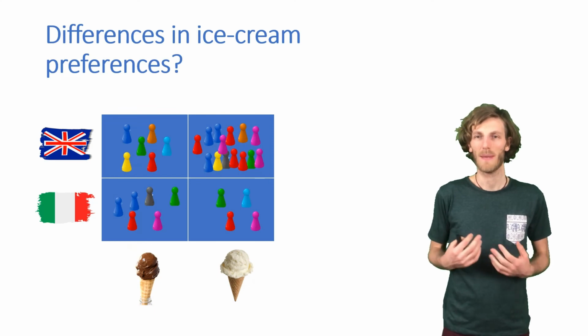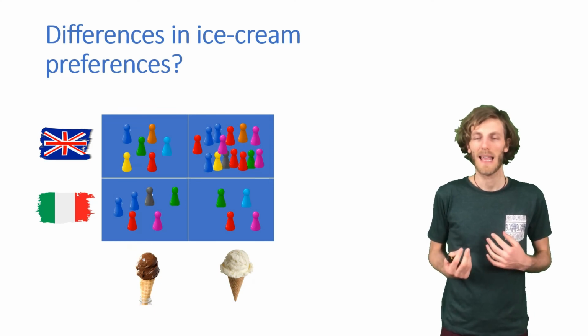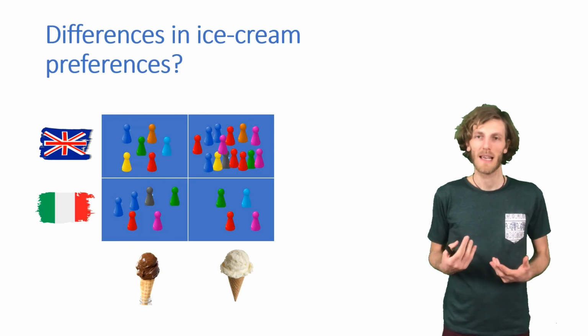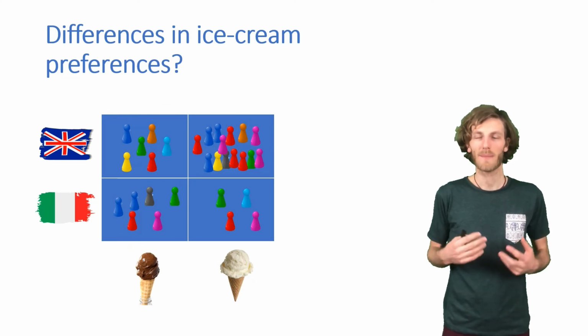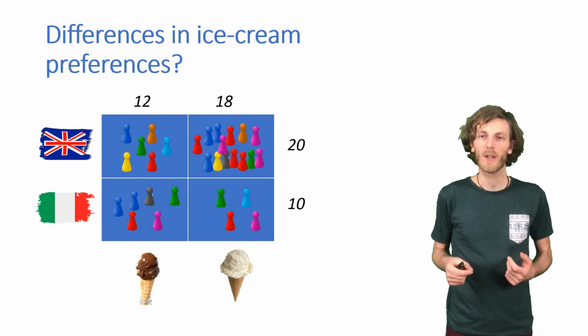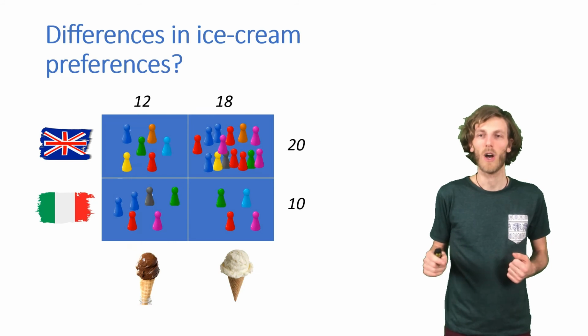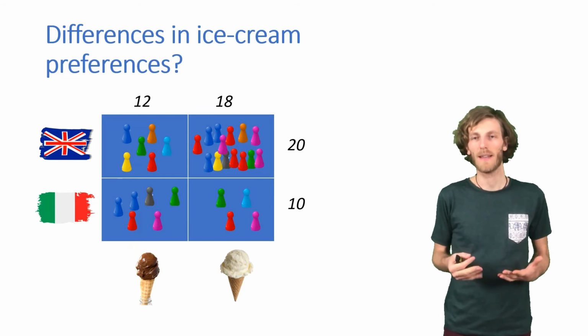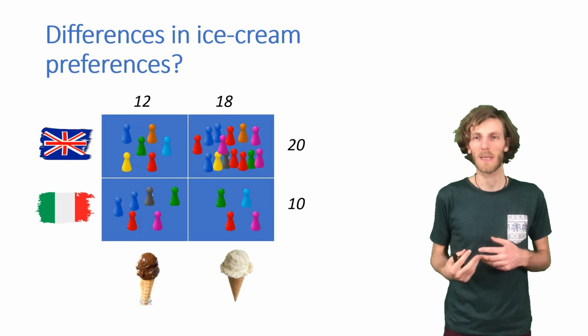Not that many Italian people like vanilla ice cream. Is that evidence of a difference in preferences between the two categories? Well, possibly not if we start looking at the number of people overall in each row and in each column. Because in this particular sample we only have 10 Italians and 20 British people.